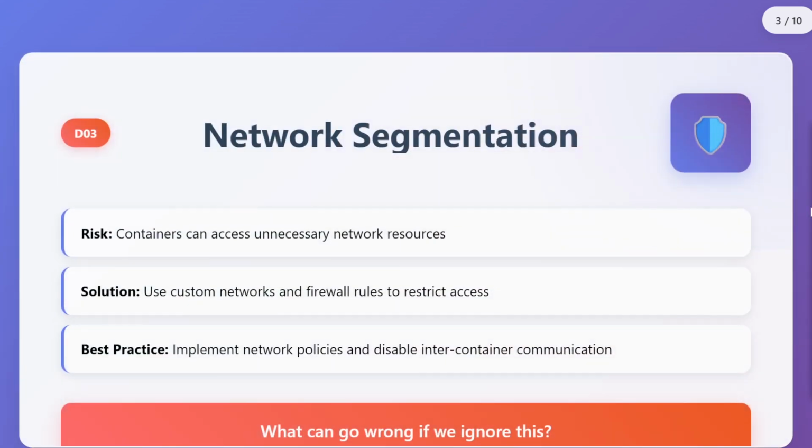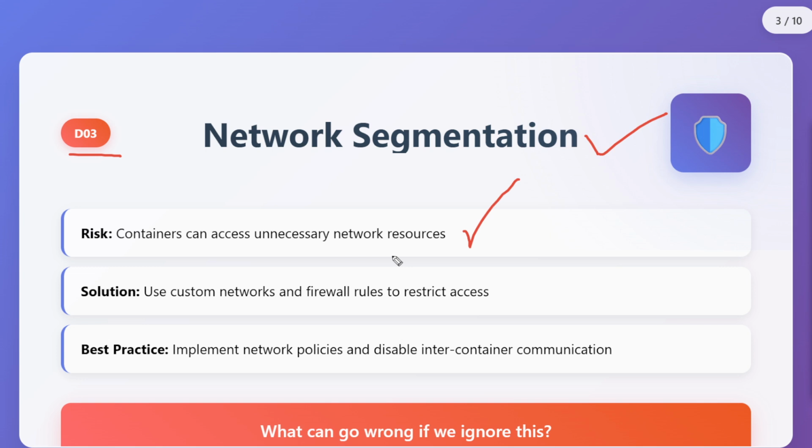Coming to the next one, that is D03, which is network segmentation. As the name itself says, we will focus on container networking and why segmentation matters. The risk associated here was that containers can access unnecessary network resources.